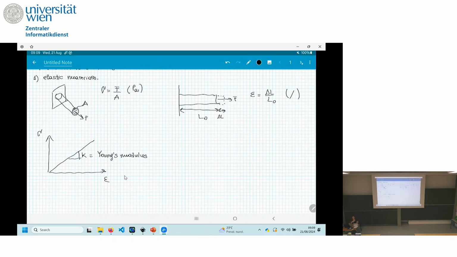The Young's modulus is going to tell us how stiff a material is. So the higher it is, the stiffer it is. So the first relationship between stress and strain that you all know is that of sigma equal to K times epsilon. That's a linear relationship for a linear elastic material.